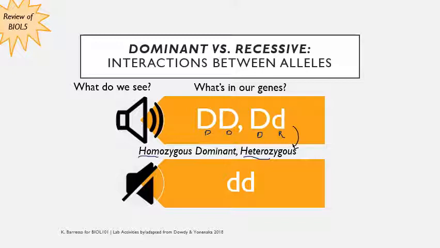So if we see that dominant trait being expressed, we know we have at least one copy of that dominant allele. We don't necessarily know whether we have a dominant allele or a recessive allele for the second one. That pattern emerges when we breed different organisms together and we look at their progeny or their offspring.